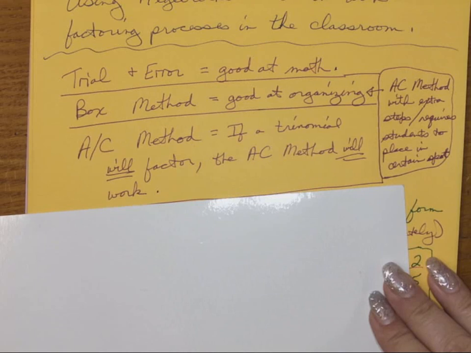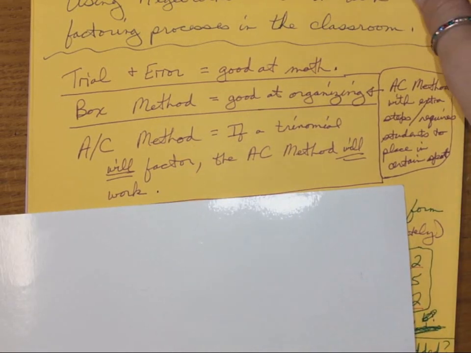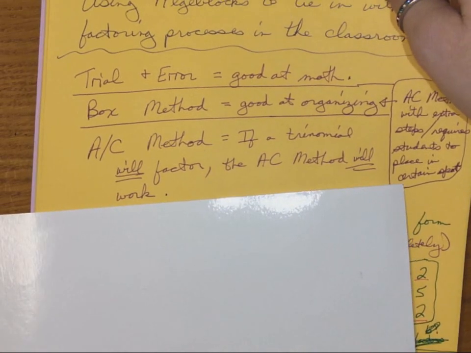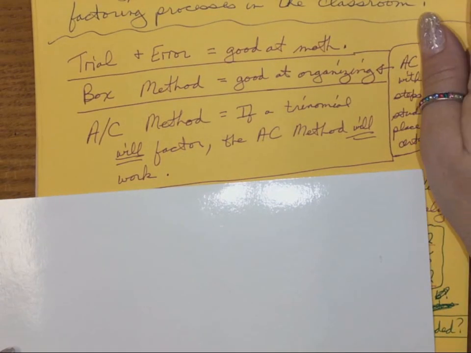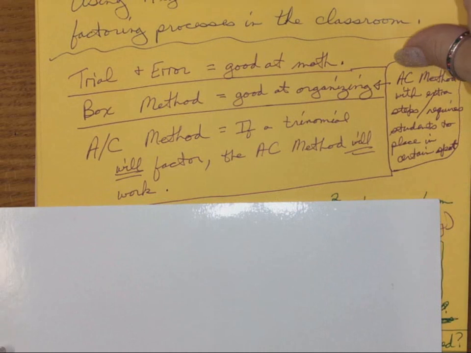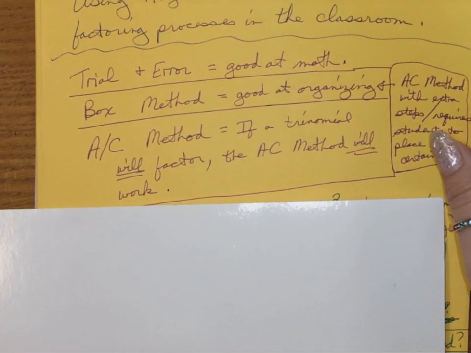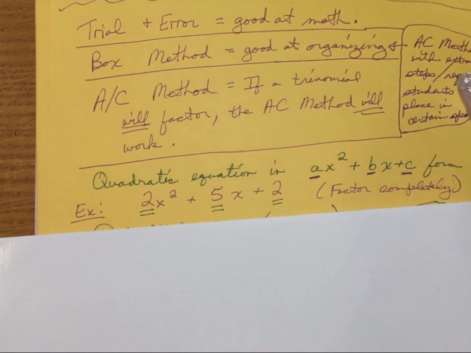Every single time the students know there's a particular process, there are particular steps that I walk through, and if I do it in a particular way, if this thing factors, I will find the answer. So that's why we like to do that with our students, especially in the lower first year math courses.